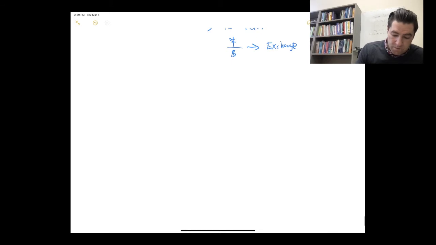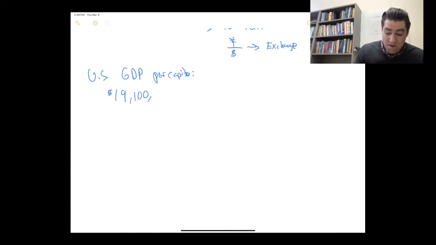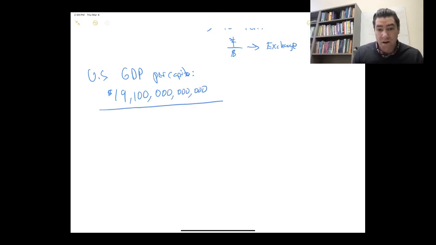So US GDP per capita is 19.1 trillion. So we have millions, billions, trillions, divided by our population, which was 325.7 million.